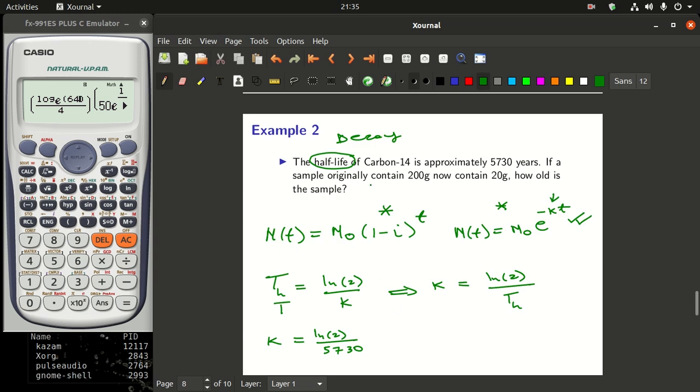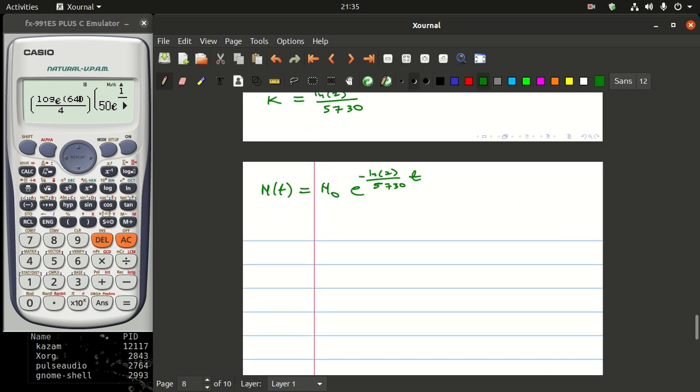The sample originally contained 200 grams, which means N naught is this much. We go back here and our equation actually has 200 e raised to minus ln of 2 all over 5730 t. So this is the formula here.